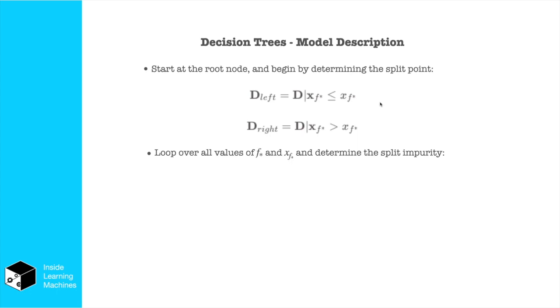The way that we're going to determine what we should use as F star and x F star is simply by looping through all the possible combinations, and we will compute what is called an impurity for every single combination.